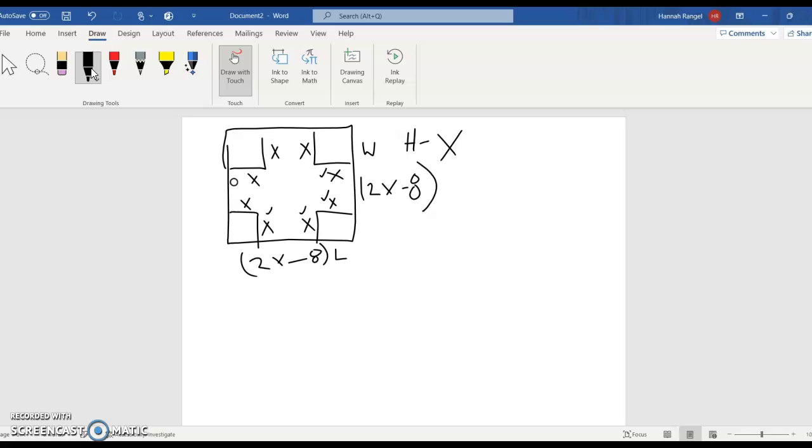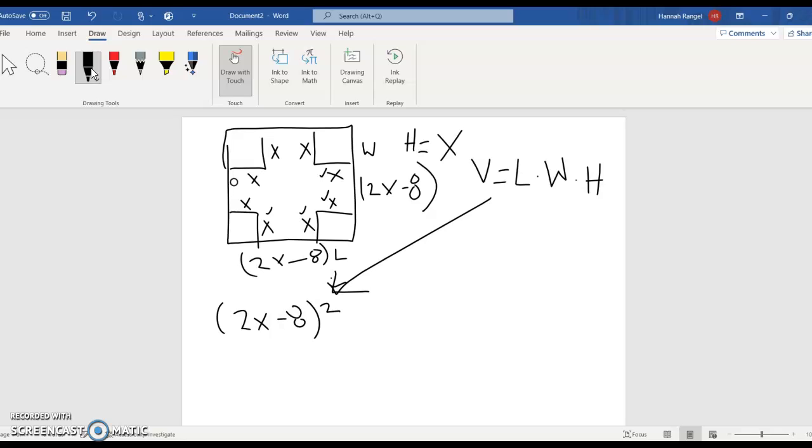So h equals x. So then we plug that into our volume formula, which is length times width times height. So I'm going to do that down here. So you have 2x minus 8 squared, since that's both the length and width, times x.